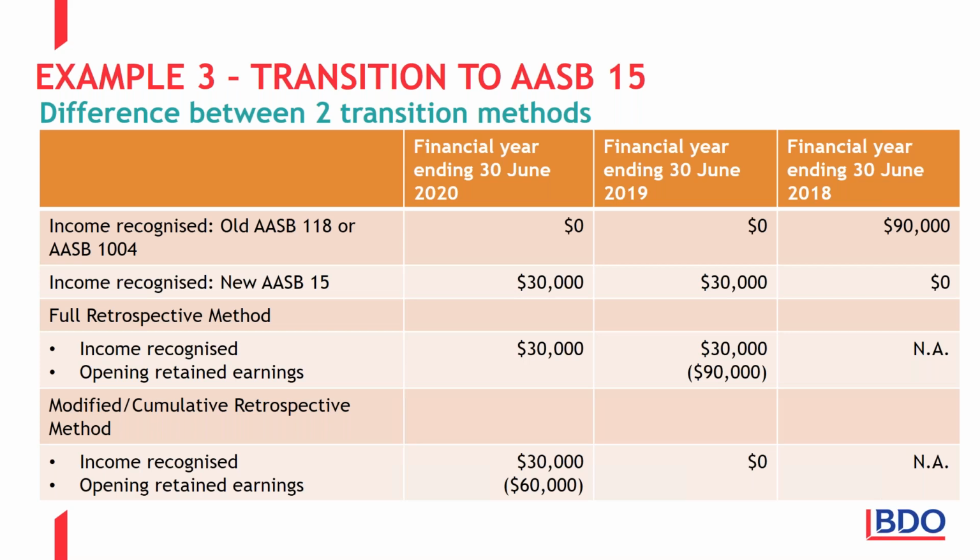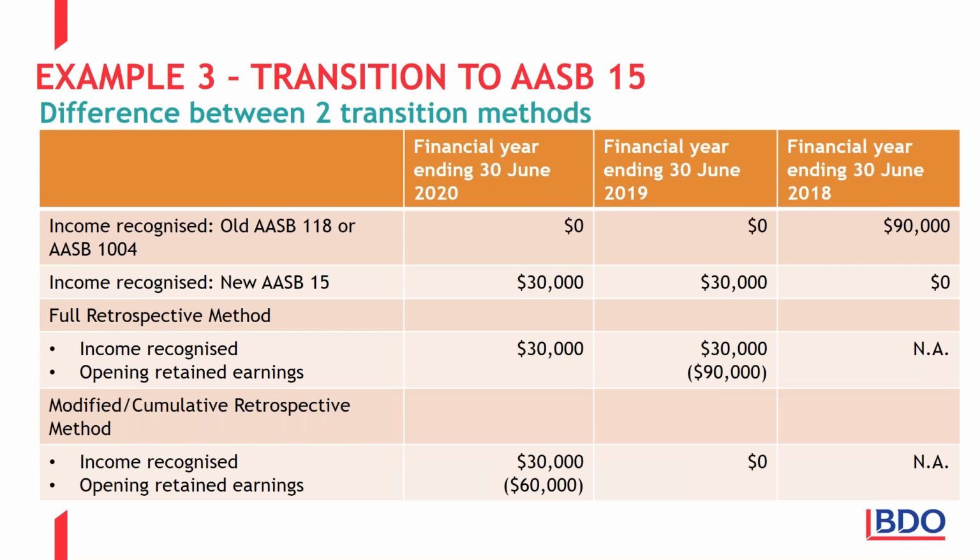But everything that happened before the 1st of July 2019, in all the previous years, you'll have to remove. And you remove that against opening retained earnings at the beginning of your comparative year. So we'll do that against opening retained earnings on 1 July 2018.